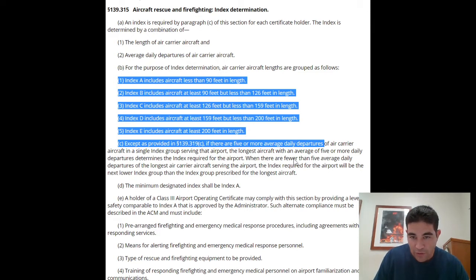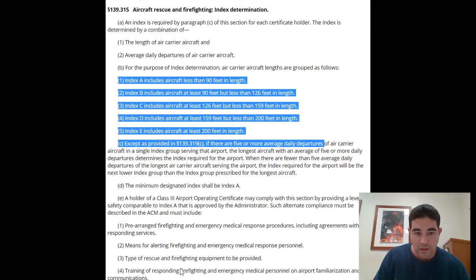Down here it says where there are fewer than 5 average daily departures, then the index required will be the next lower index. So if we have an aircraft that is in between here, but it only comes in 4 times a day, it's 160 feet, but it only comes in 4 times a day, not 5, then we would drop down and we would be considered index C. So it has to be within these numbers of feet, and it has to come in 5 average daily departures.